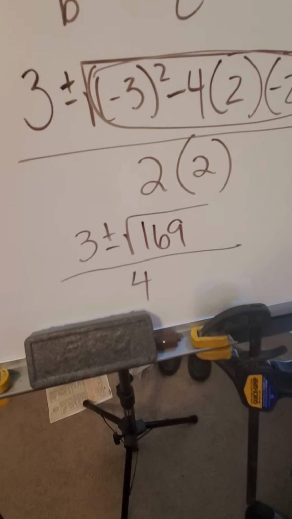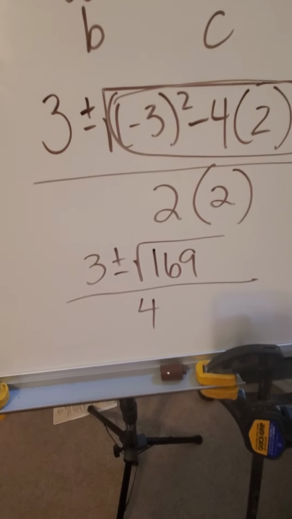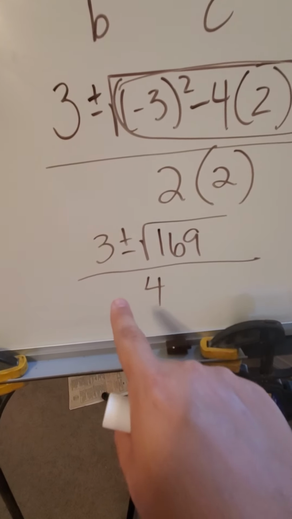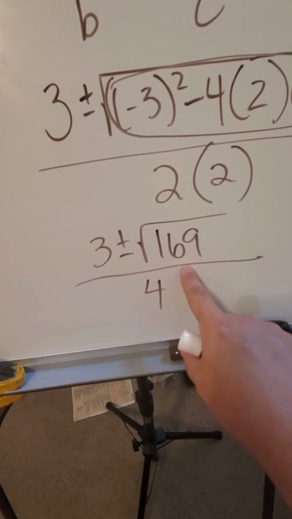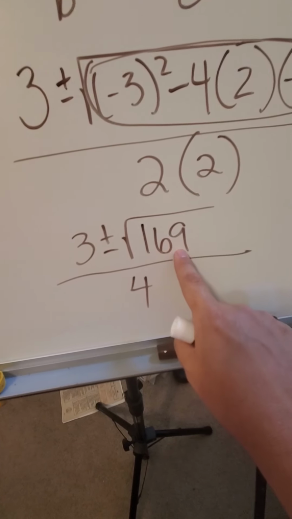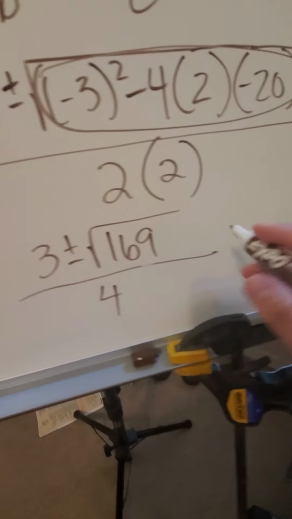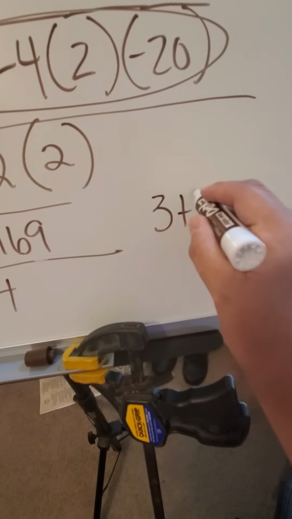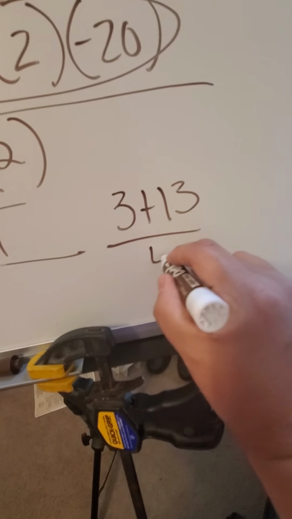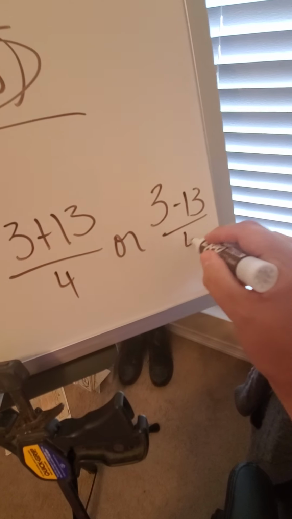Now, this is one scenario that could work out, because when you get down here, you have 3 different things that could happen. I could end up with a square root that I can actually take the square root of, which is what happened in this case, because the square root of 169 is 13. So then I can say 3 plus 13 divided by 4, or 3 minus 13 divided by 4.